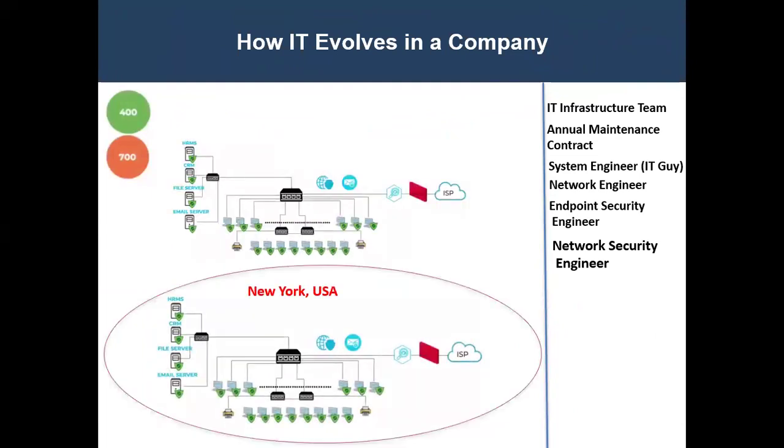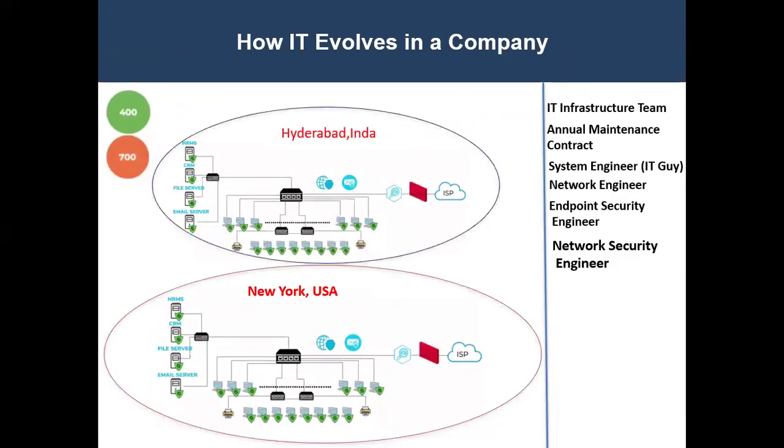We started in New York, United States, and recently added another branch in Hyderabad, India, connected with VPN, VPC and private virtual networks on the same project. With the system team, network team, endpoint security team and network security team, does it mean the attack will not happen?